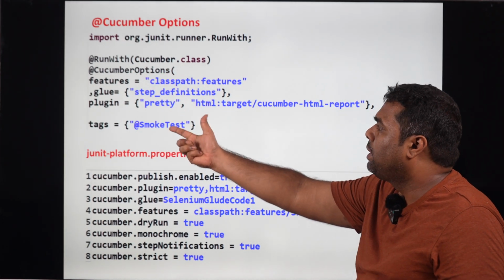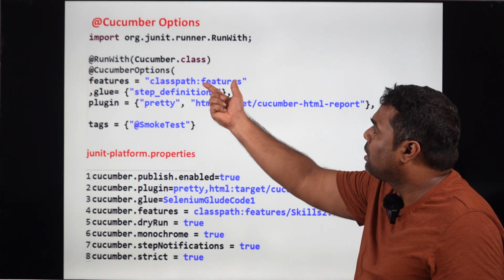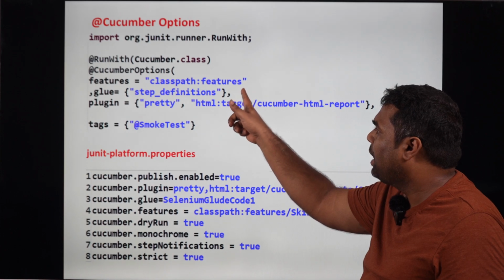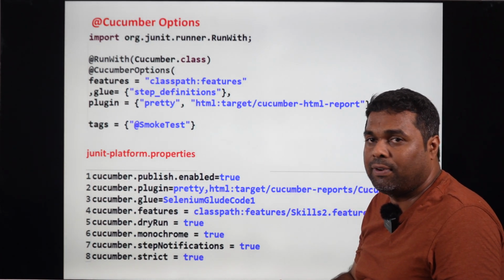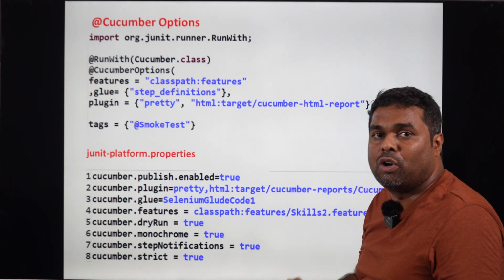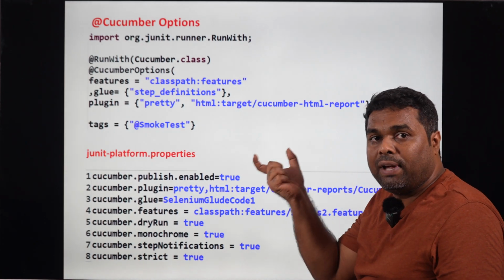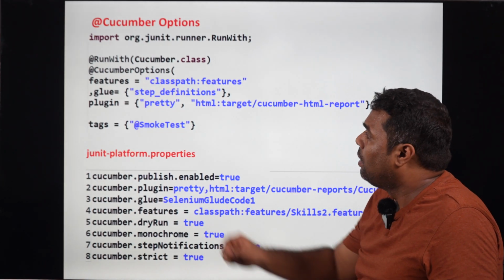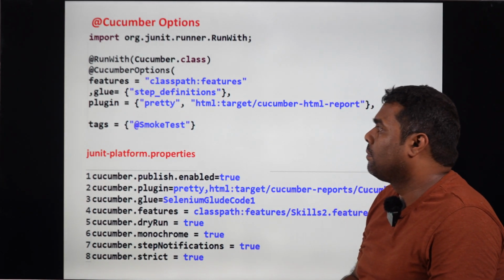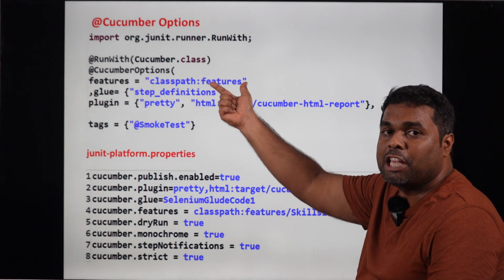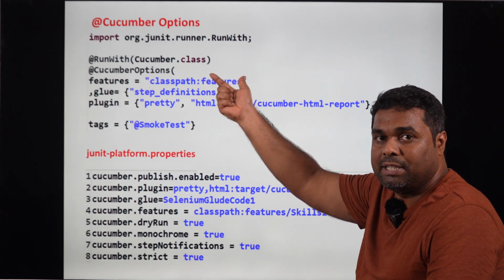These are nothing but configurations for which feature files you want to execute. Suppose you want to execute a particular feature file, you write nationality.feature. If you want to execute skills.feature, you can write skills.feature. Whichever feature file you want to execute, you can specify here. And coming back to glue: glue means where the feature file steps have been implemented, under which package name.